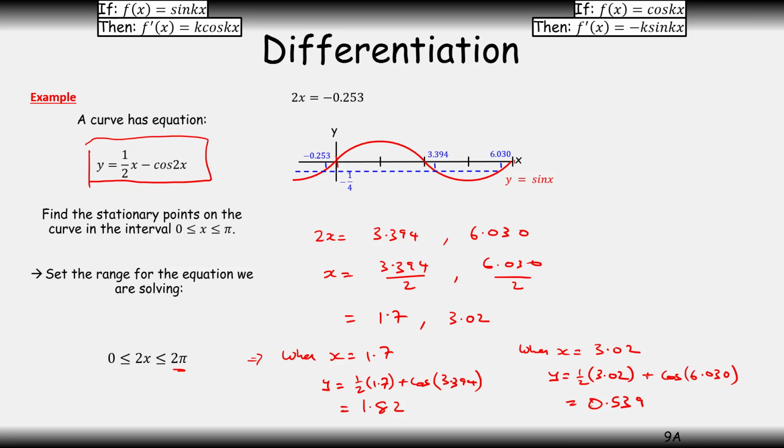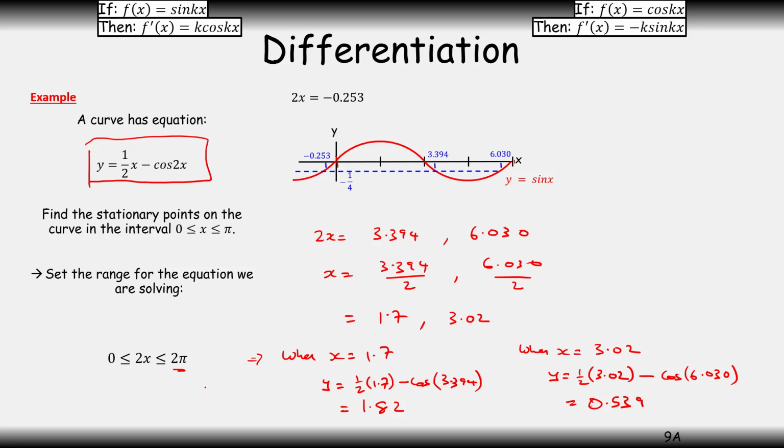Whoops, these aren't pluses, are they? These are negatives. I'm just going to rub them out, but be careful what you copy down. It's a minus there and a minus there, which is why we got our 0.539 and 1.82.